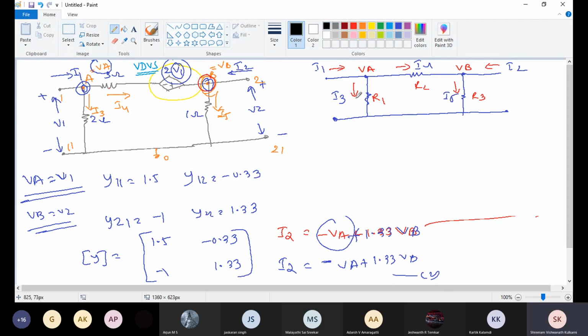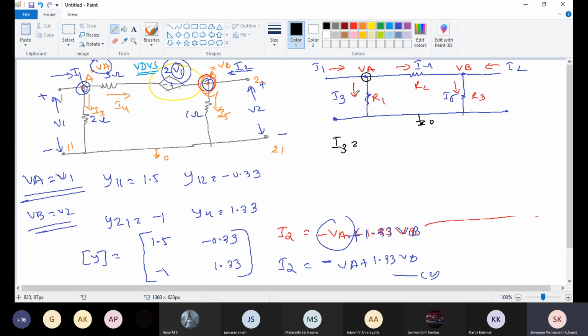If I want to write I3, how am I going to write, Arjun? If I take this as a reference node, sir, I3 for node A. Yeah, node A. I1 is equal to I3 plus I4, so I3 will be I1 minus I4.